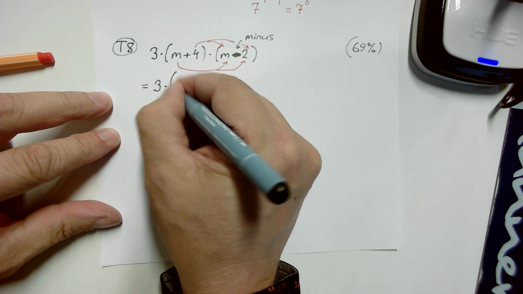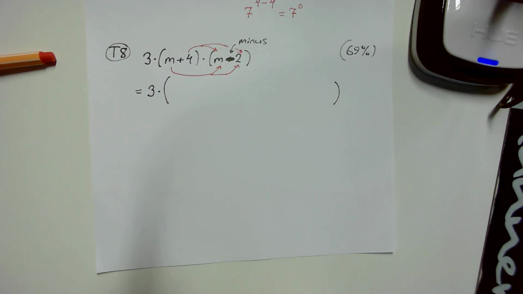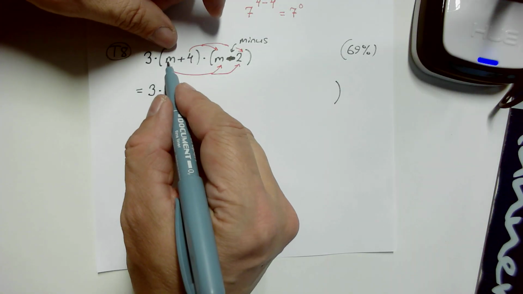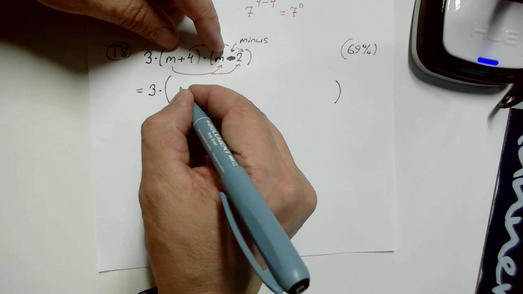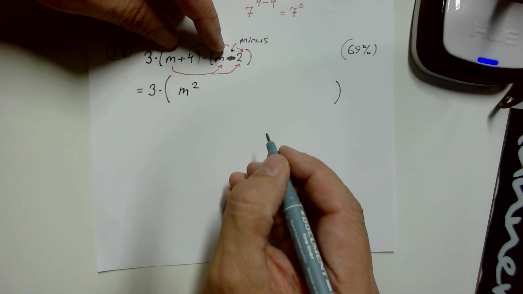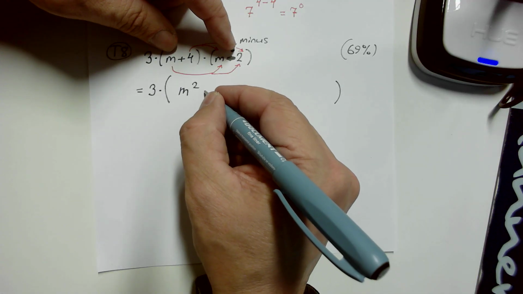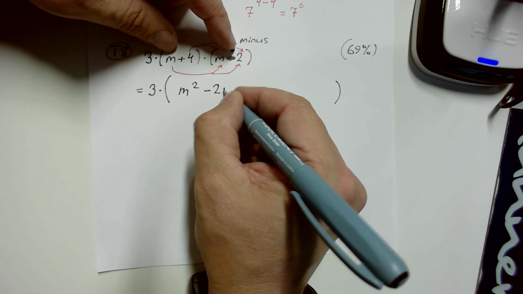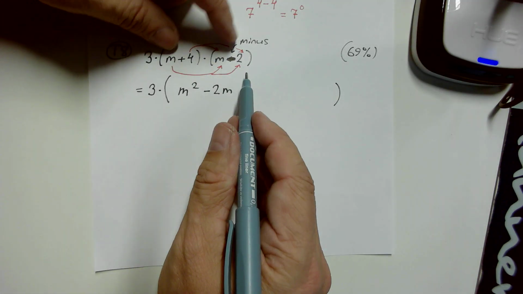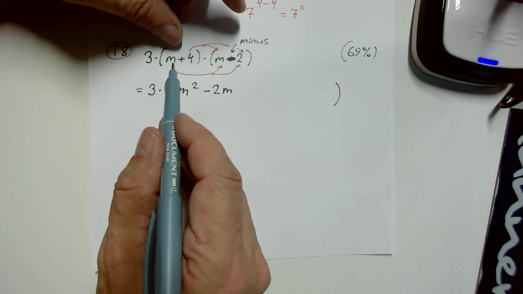3 times, and then let's have big parentheses or brackets there. First, m times m, what becomes? M squared, yeah, and then m times minus 2, minus 2m, and then now we have multiplied with this m here.